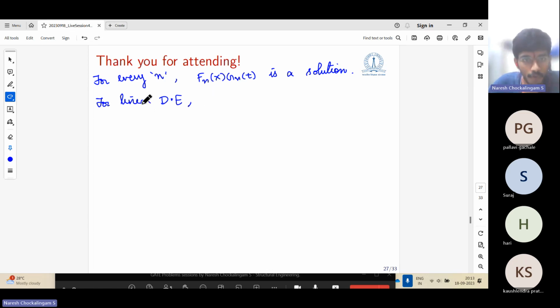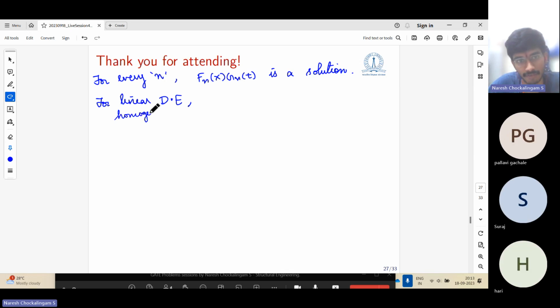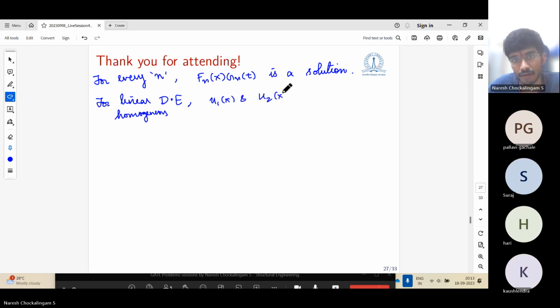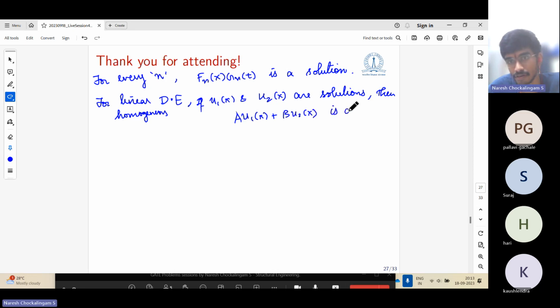For linear homogeneous differential equations, if u1 of x and u2 of x are solutions, then some random combination of u1 of x plus u2 of x is also a solution. Right? All of you know this.